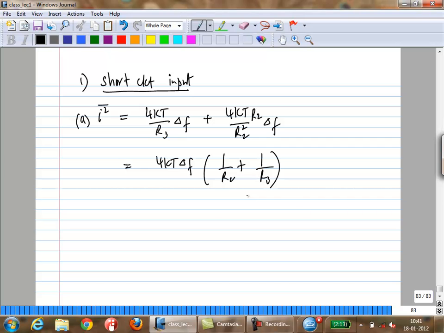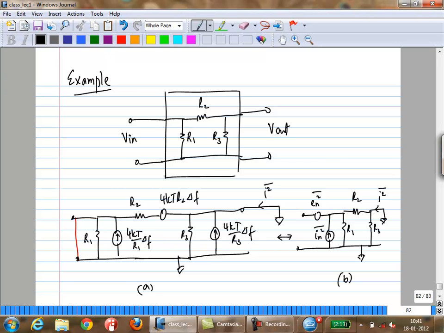So this is the noise current. What is the noise current in the other case? When you short circuit the input, what is the noise current?